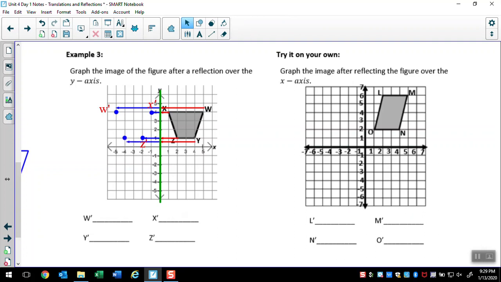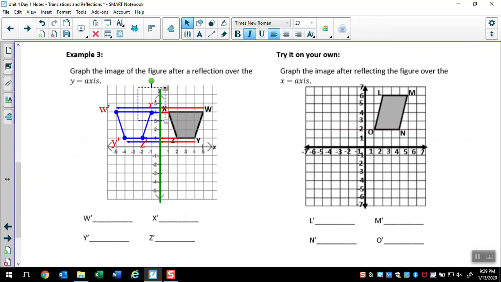So it will land here. And then we will call that one y prime. So once I have all of my points in, then I can connect the dots to make my final shape.